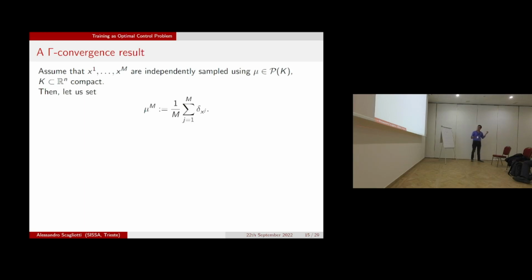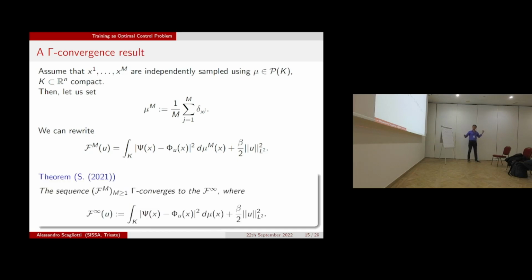Okay, so in order to do that, let's assume that our points where we observe the diffeomorphism are sampled using a probability measure distributed on K. We construct the empirical probability measure, and we can rewrite the functional in this way. So this is exactly the same functional as before. I just replaced the sum of the mean squared error with this integral with respect to this empirical probability measure.